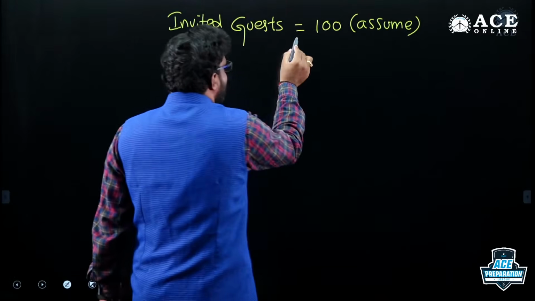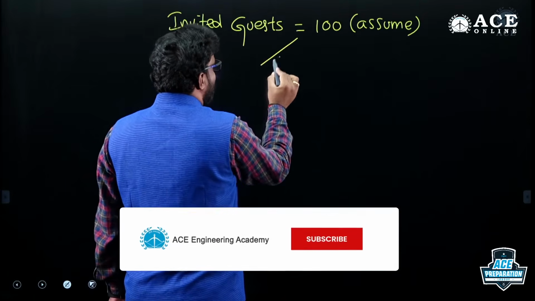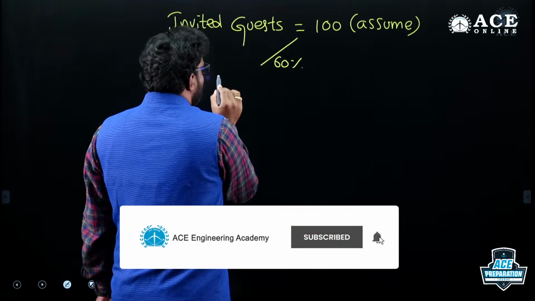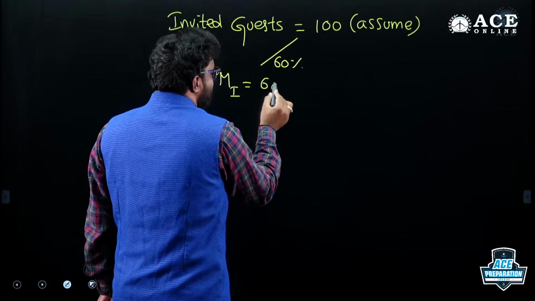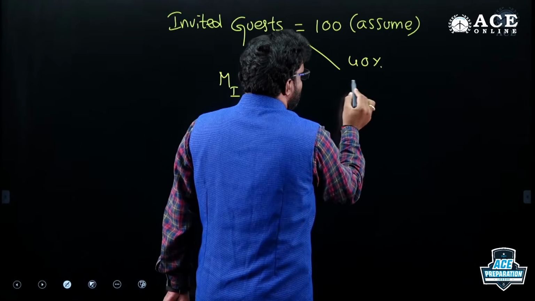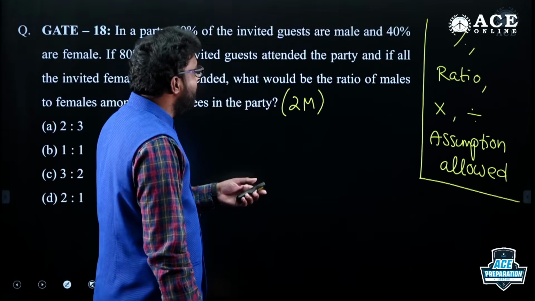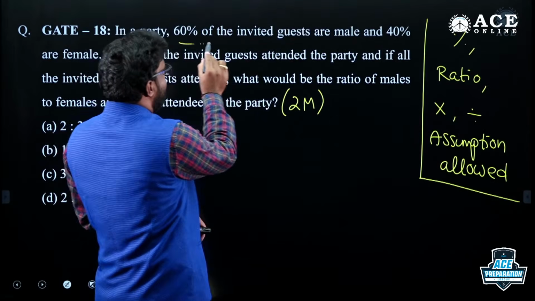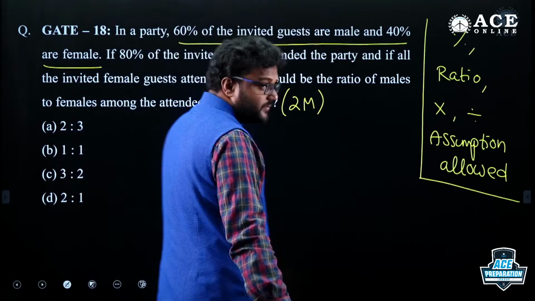In the question they clearly say the males invited are 60%. Among these invited guests, the males invited are 60% of 100, which means 60. The females invited are 40%, so females invited is nothing but 40. You just see that in the question: 60% of the invited guests are male and 40% are female.